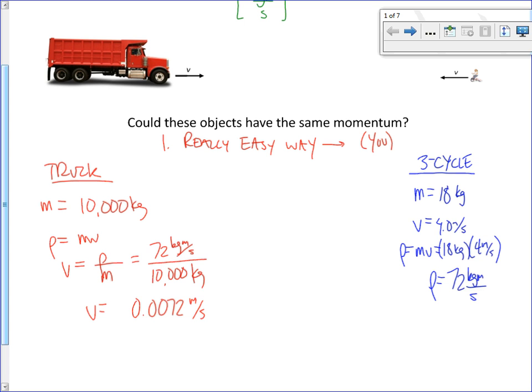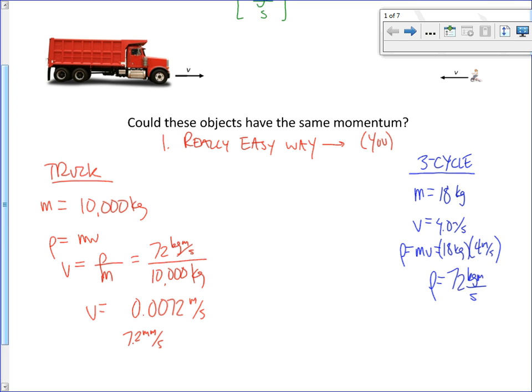So the truck would have to move at 7.2 millimeters per second in order to have the same momentum as that little girl. Possible? Sure. Reasonable? No.